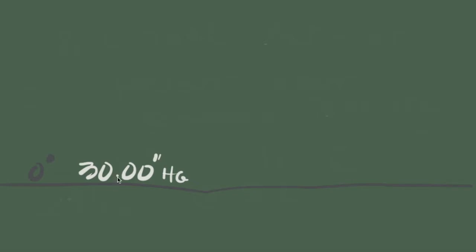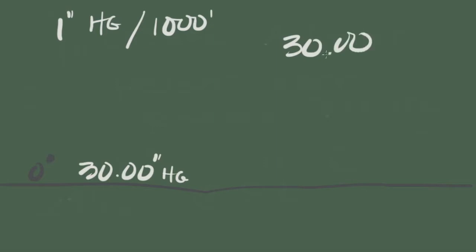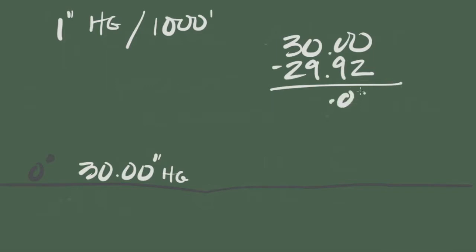But we know there's a standard lapse rate, right? We lose 1 inch of mercury for every 1,000 feet. So what we can do is take 30.00 and 29.92, and we can find the difference. Okay, ends up being 0.08 inches of mercury.